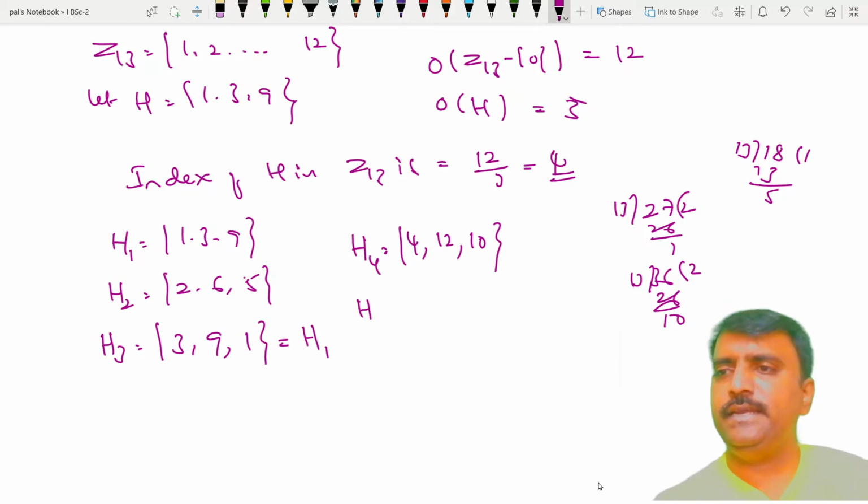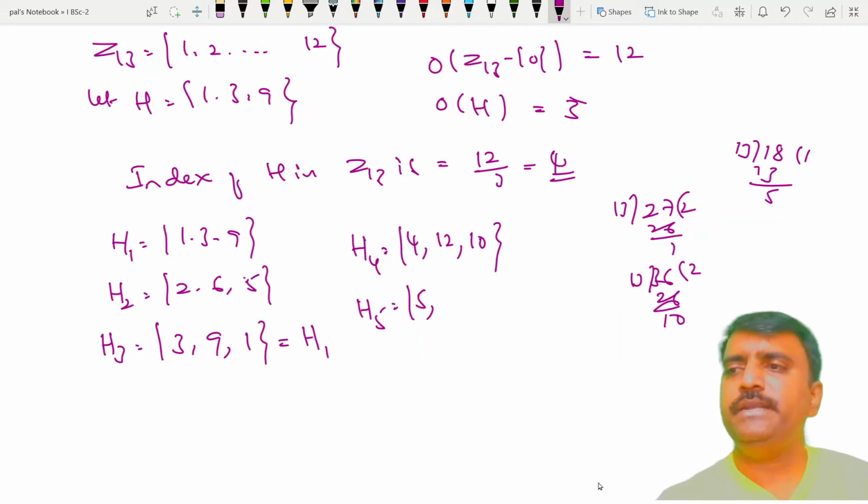Next take h5. Here 5 again gives the same coset. Once 5 has appeared, the remaining 2 elements are 2 and 6. 5 times 3 is 15, and 15 means it is 2, and another element is 6.